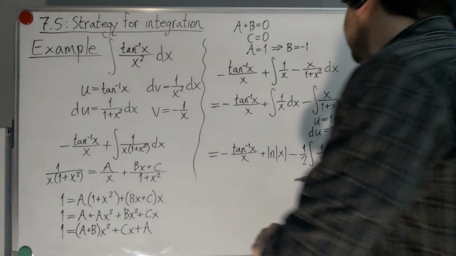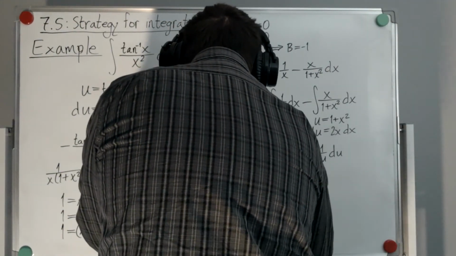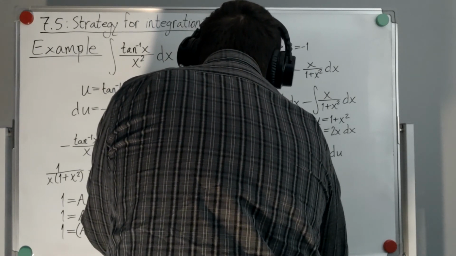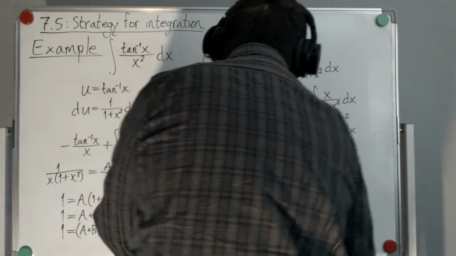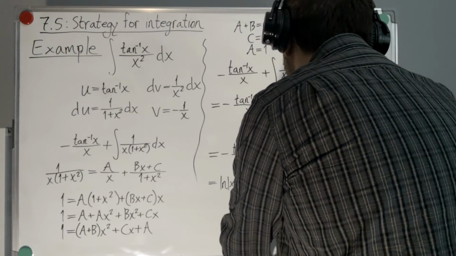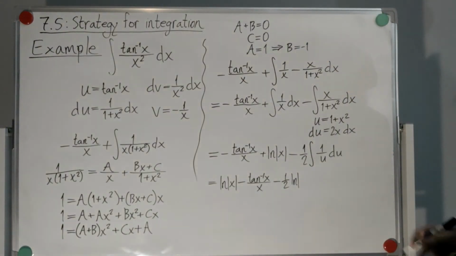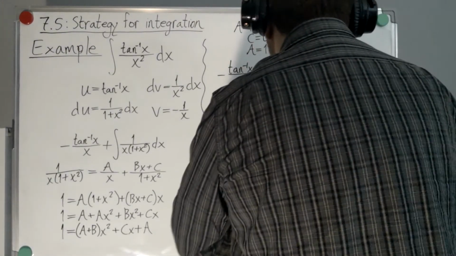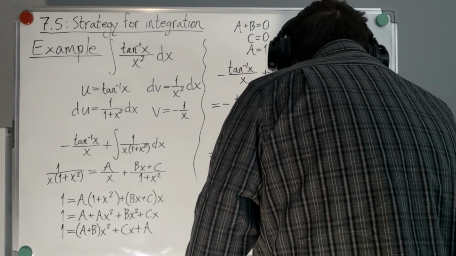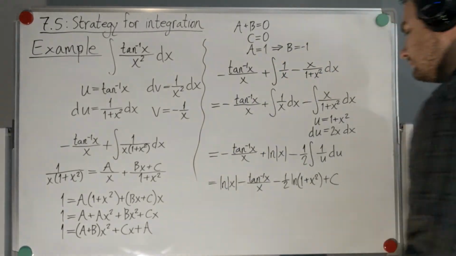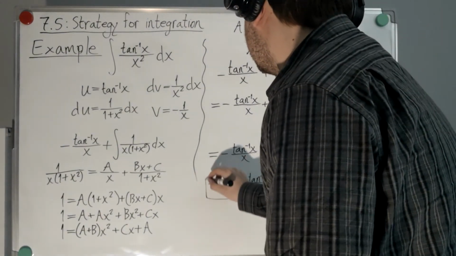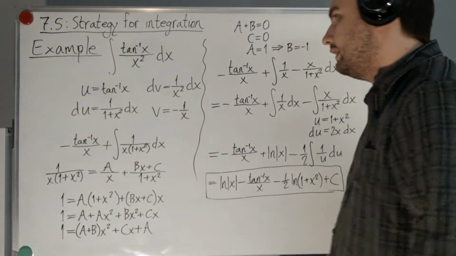Now this becomes natural log of the absolute value of x minus arctangent x divided by x minus 1/2 natural log of the absolute value of u plus c. But u is 1 plus x squared, which means this is just natural log of 1 plus x squared plus c. And so this is our indefinite integral.